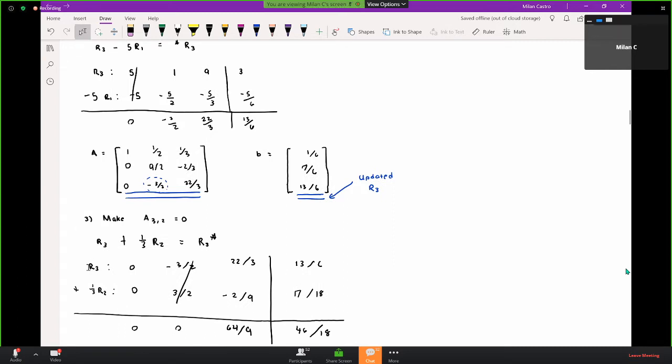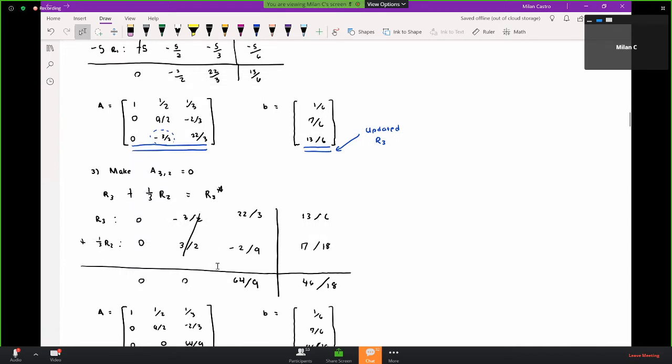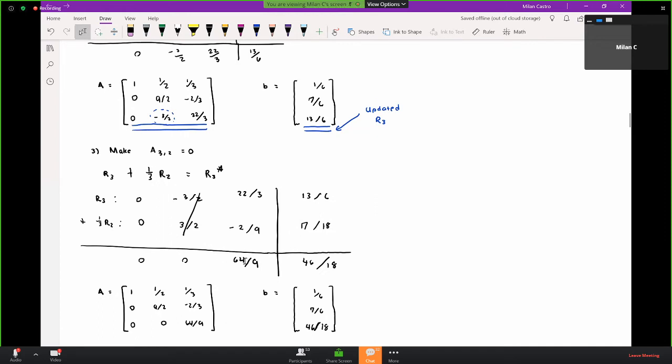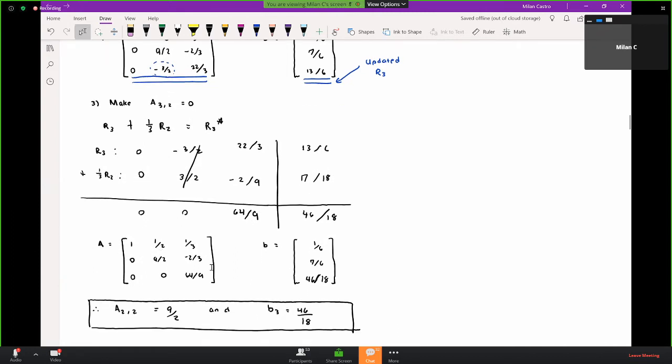So we're gonna have plus 1/3 row 2 to get rid of that -3/2 term. And then once we do the math, we get 0, 0, 64/9. And for the B, we get 46/18. And then this will be our new upper triangulated matrix.